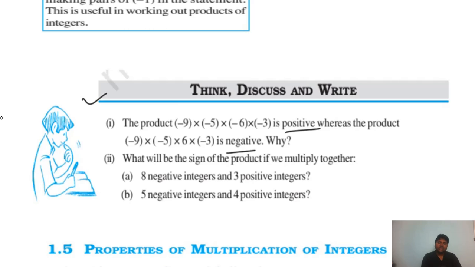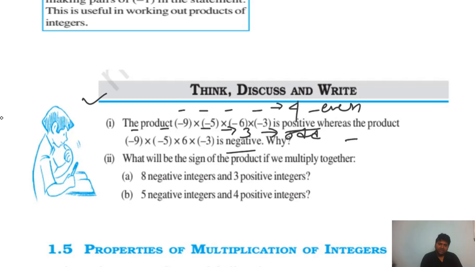In the first, the negative terms are 4 in number, which is even, so when we multiply them we get a positive number. But in the second, the negative numbers are 3 in number, which is odd, so when we multiply them we get a negative number.